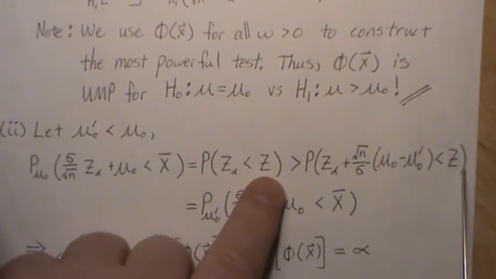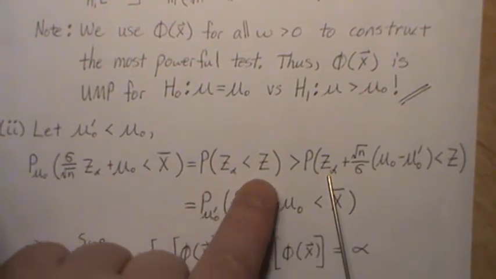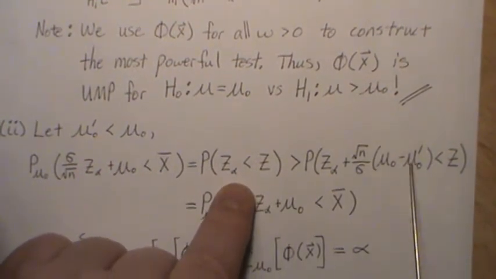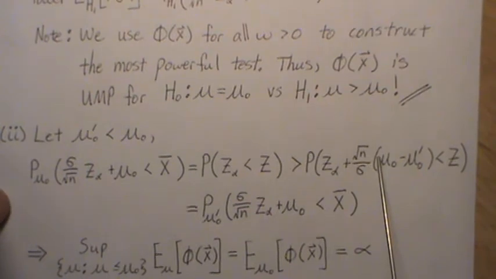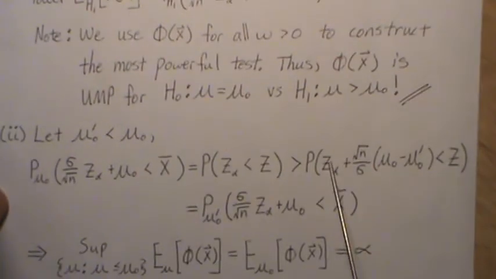So we have the same z, we have the same z alpha, but we're going to add some positive number, because mu naught prime is less than mu naught, so this is positive. This is a little bit bigger than this, so the probability of z being bigger than this is smaller than this probability.